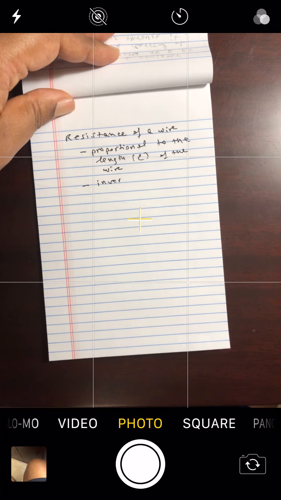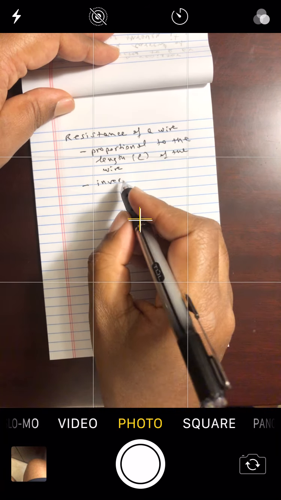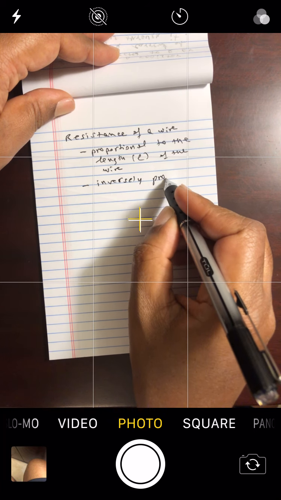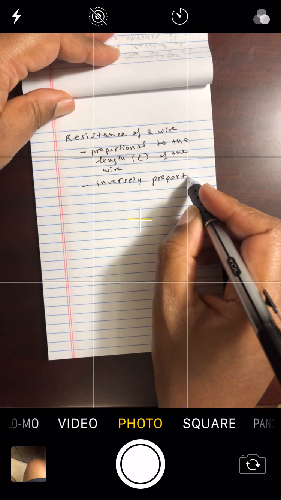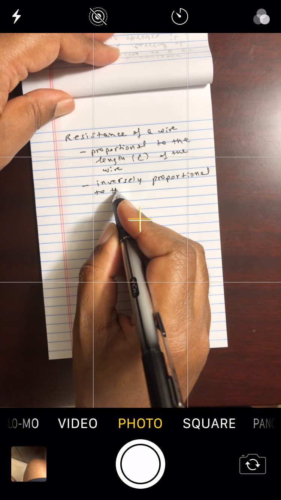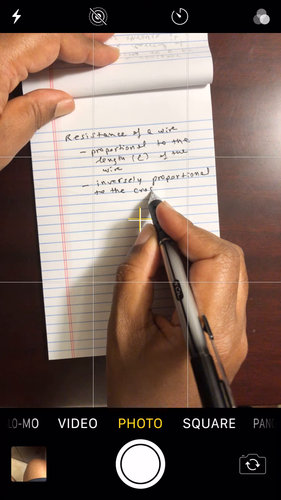The greater the area, the smaller the resistance, so it's inversely proportional to the cross-sectional area of the wire.